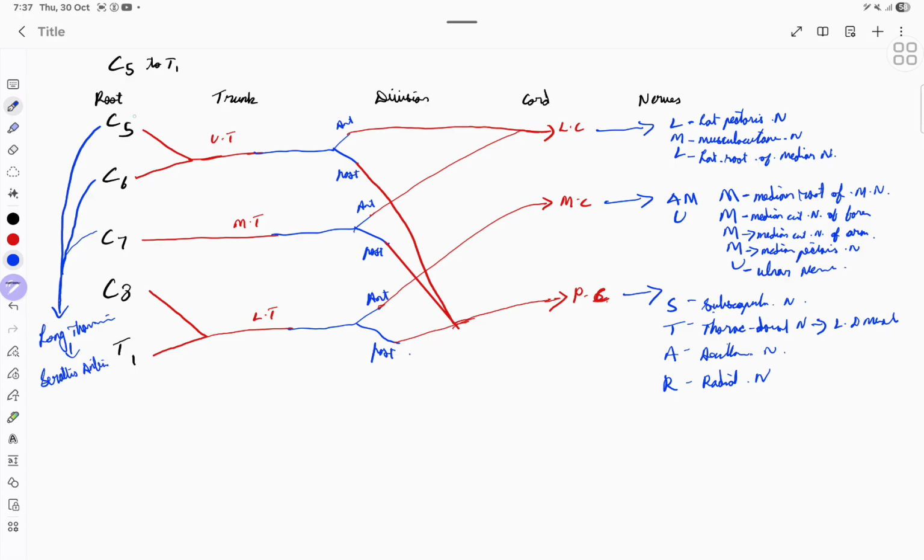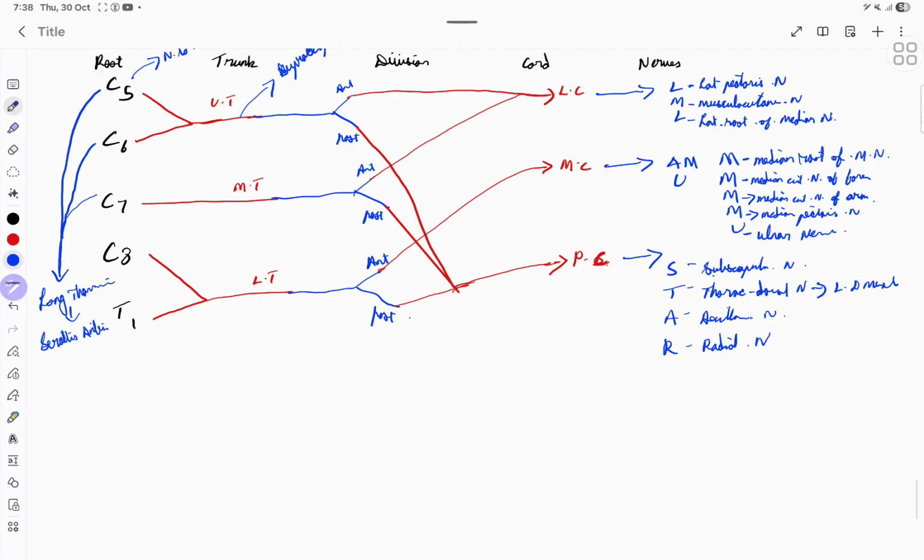And from the root of C5 a direct nerve arises, known as the nerve to rhomboids. Then from the upper trunk a nerve arises known as the suprascapular nerve, which will supply both supraspinatus and infraspinatus. By checking these nerves, we will be localizing to the roots, trunks or peripheral nerves.